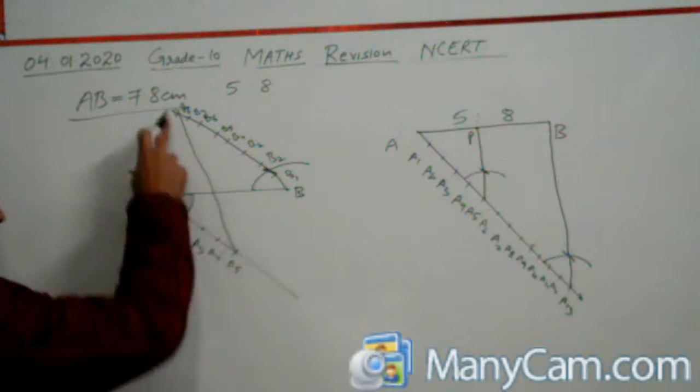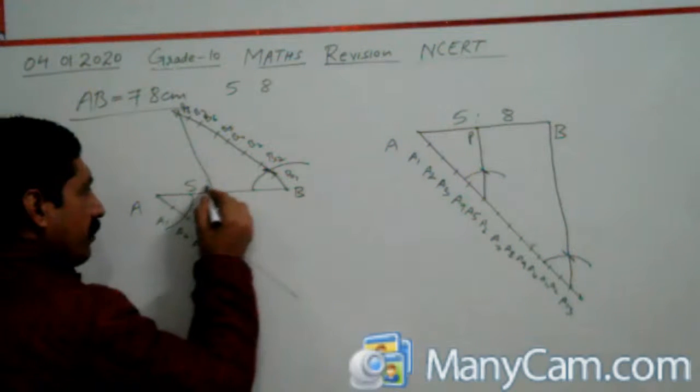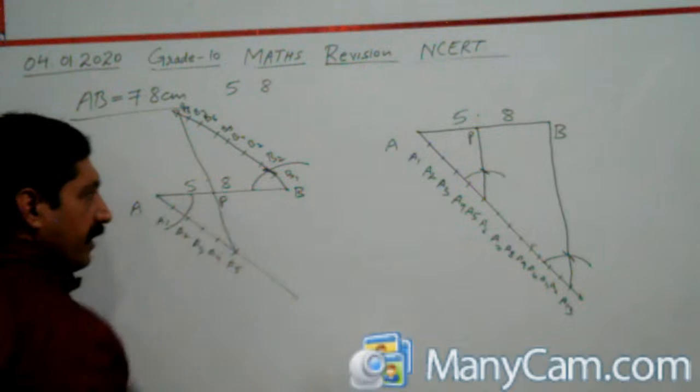Join A5 with B8. This point is P, which divides in the ratio 5:8. This is 8, this is 5. Right?